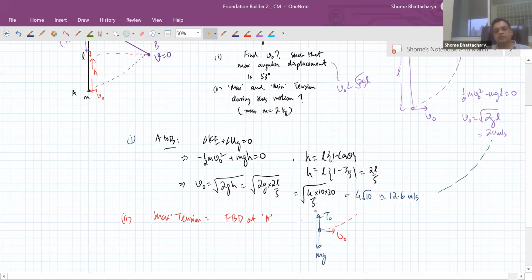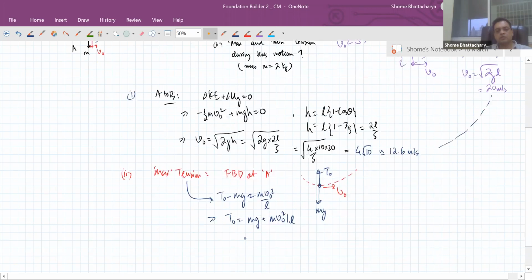Okay. So we have T naught minus mg, that's our centripetal force, that is mv naught square by L. So this is the maximum tension. So now if we just substitute, so the mass was 2 kgs into g is 10 plus, sorry, v naught was root 160.